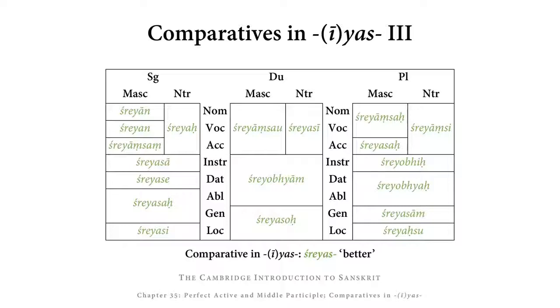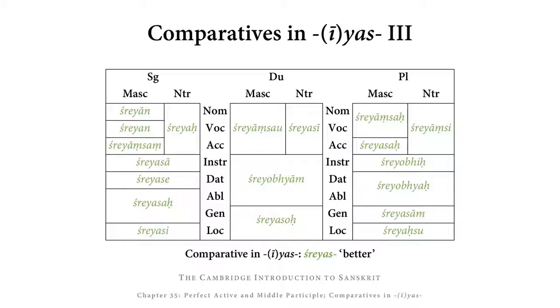Then in the dual nominative vocative accusative, we have the ending i that we already well know, giving shreyasi. And then in the nominative vocative accusative neuter plural, we once again have a form that basically looks like it's strong. And again, we have a long a, a nasal, the stem final consonant s, and an i.